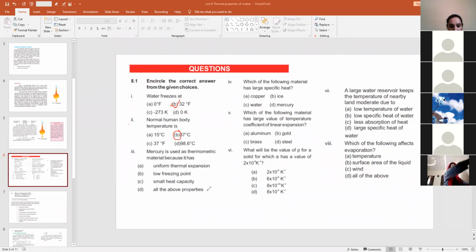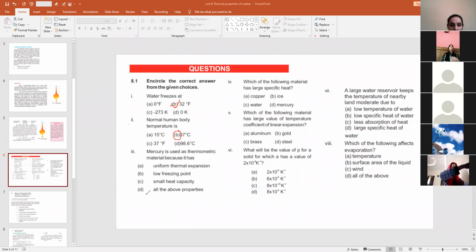So all of the above is the right option, because of all these properties we are using mercury in a thermometer. So the right option is option D. Then, which of the following materials has large specific heat? Water has a large specific heat, that is 4200 joule per kg per Kelvin. So the right option is water.